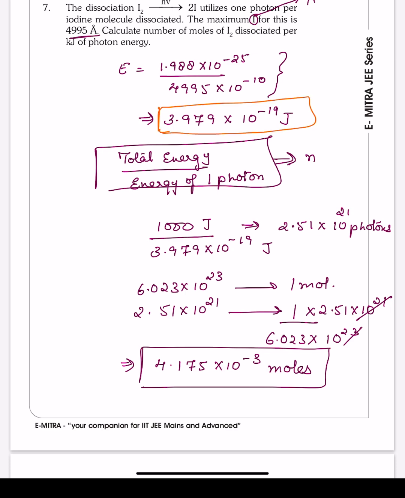Total energy given to us was 1 kilojoule. So in 1 kilojoule how many photons will be there, we found this out, and once we got the number of photons, these many photons are equal to how many moles, this is what we had to find in this question.